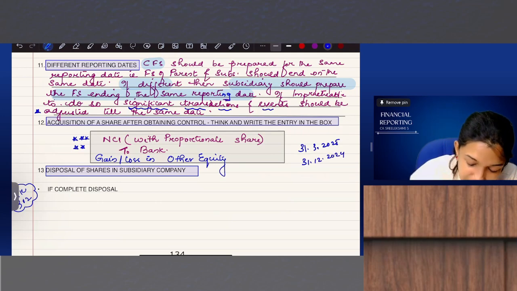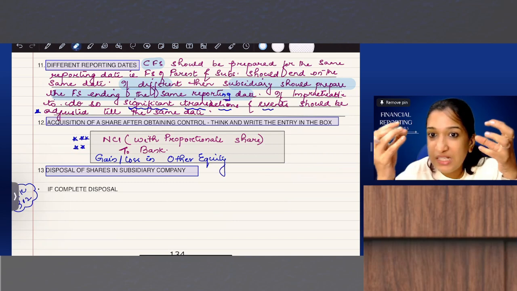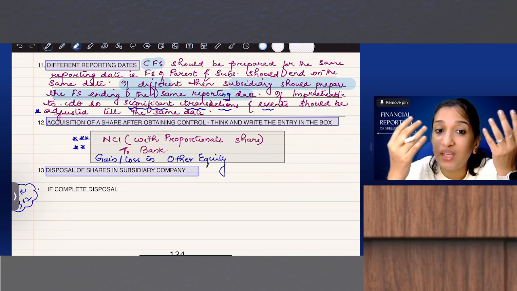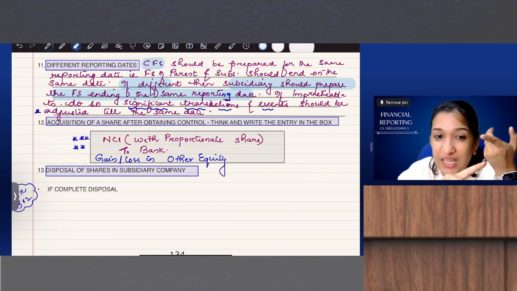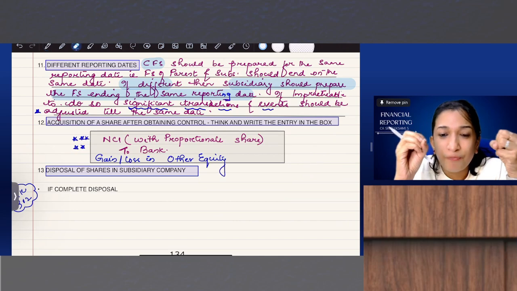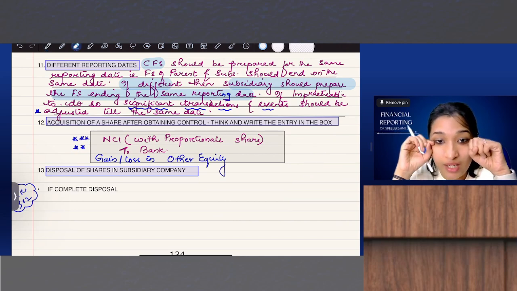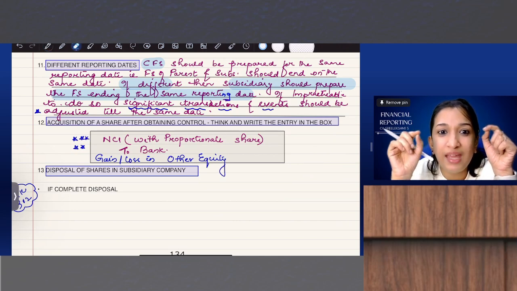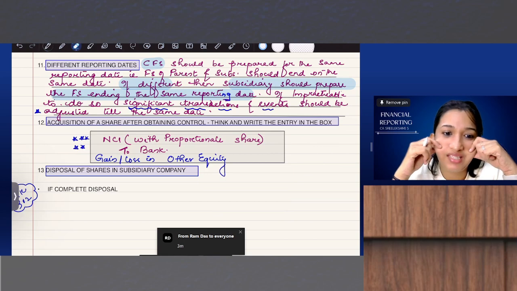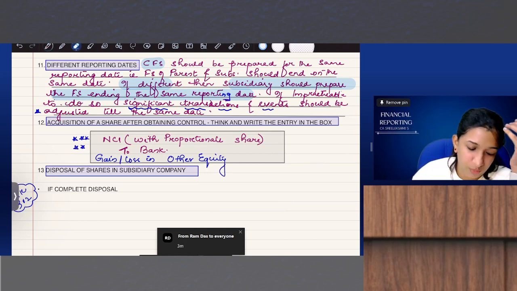In such a case, if it is not the same date but significant events are adjusted, the difference in the reporting dates should not exceed 3 months. Okay.